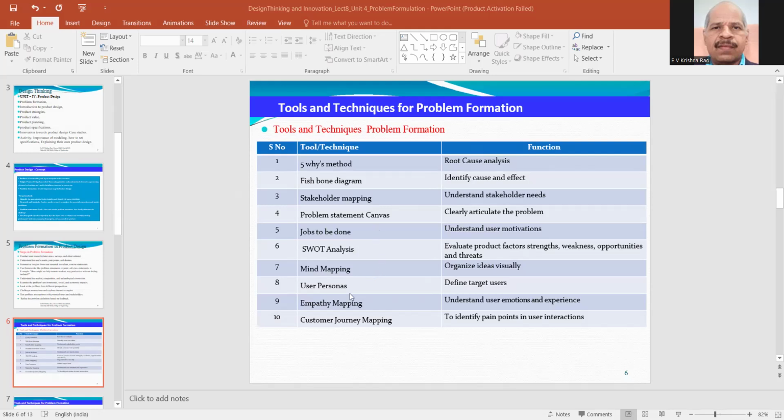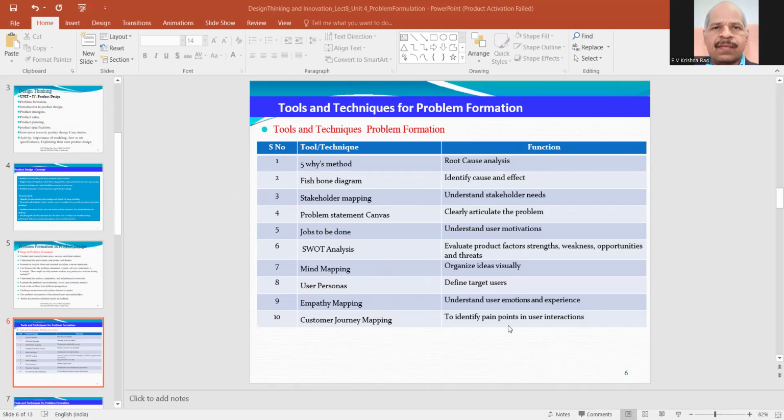User persona: if you look into the user, define the target users, that means the different types of users, and understand their desires. Empathy mapping: understand the user emotions and experience. In customer journey mapping, we identify the pain points of user interactions.